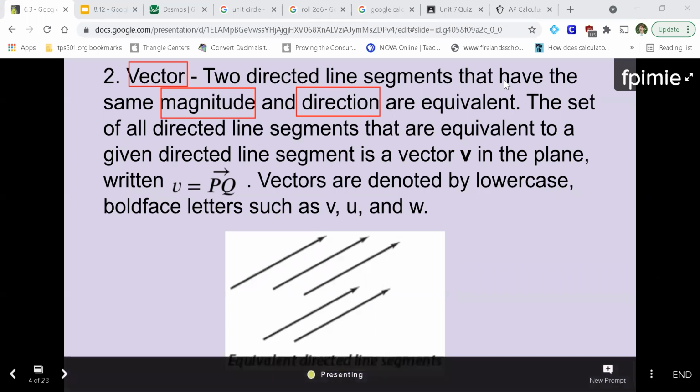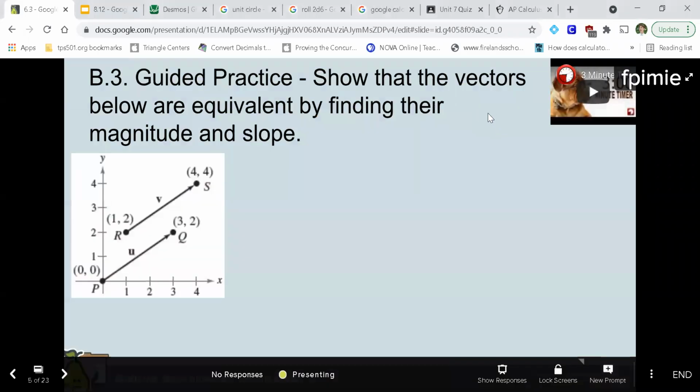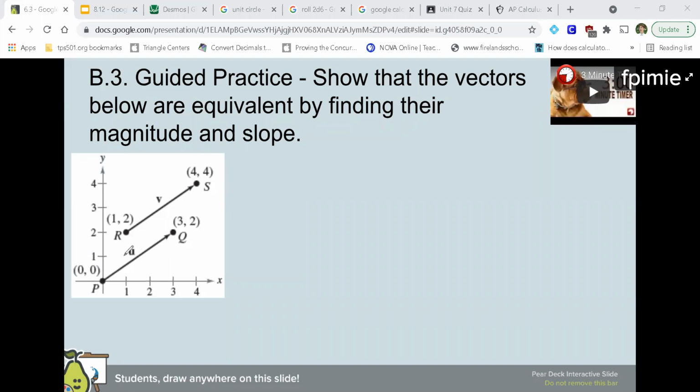Yay? Right, so now let's start getting to how you're actually going to use this stuff. A common thing to do with vectors is to show that two vectors are equal. So I have a vector V here from (1, 2) to (4, 4), and a vector U here from (0, 0) to (3, 2).